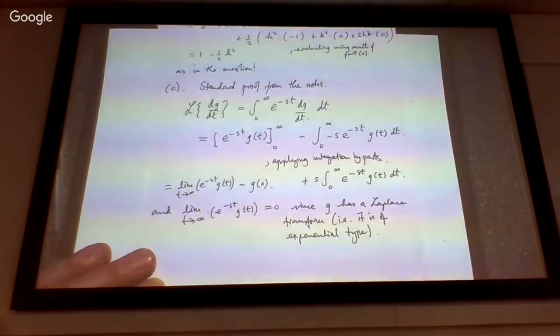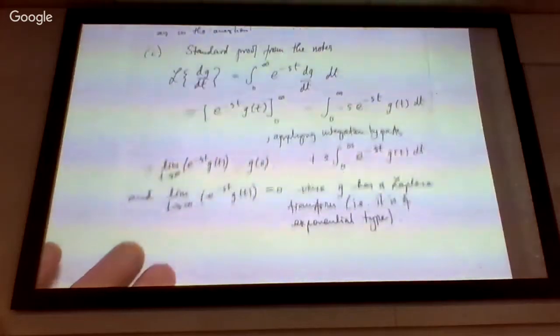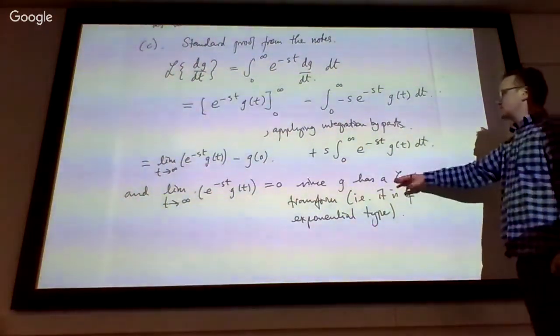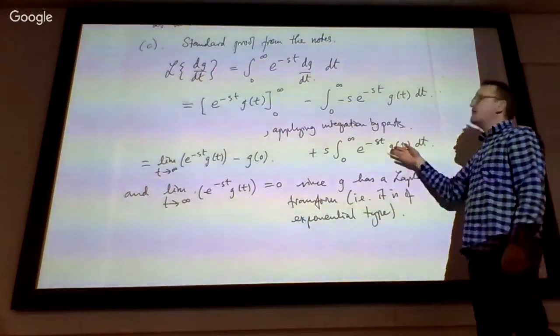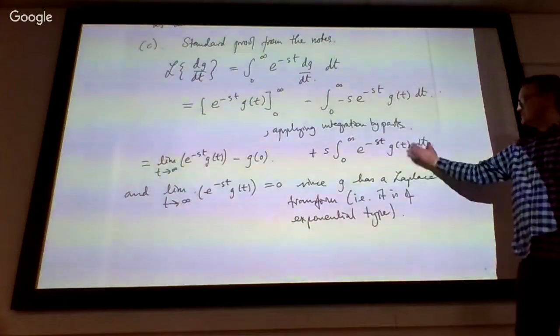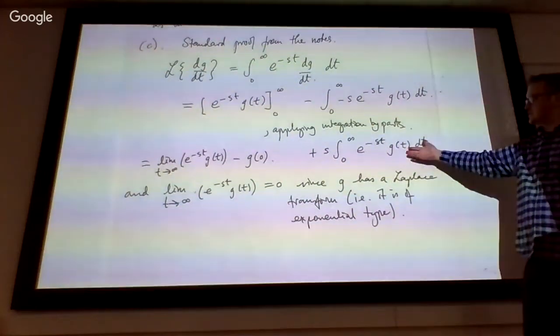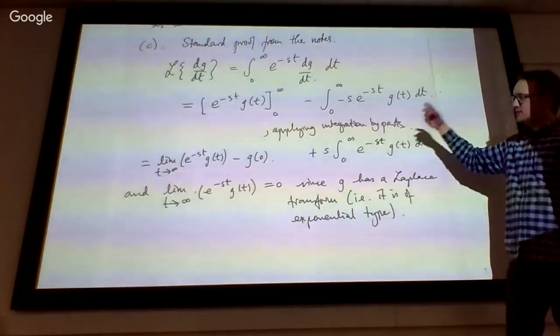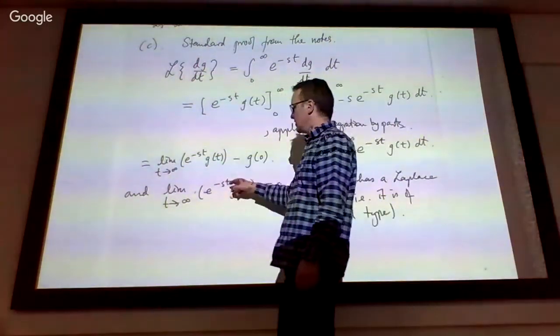When we first introduced the Laplace transform, we talked about this briefly, but Laplace transforms don't necessarily exist for every possible function g. But as long as the function g isn't too wild, as long as you can integrate the function g, and as long as it's eventually dominated by some kind of exponential function.